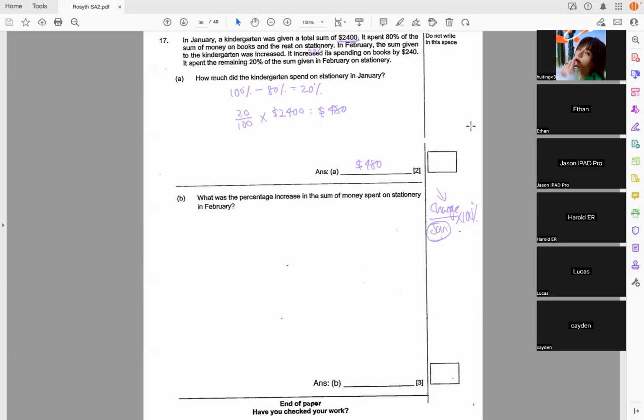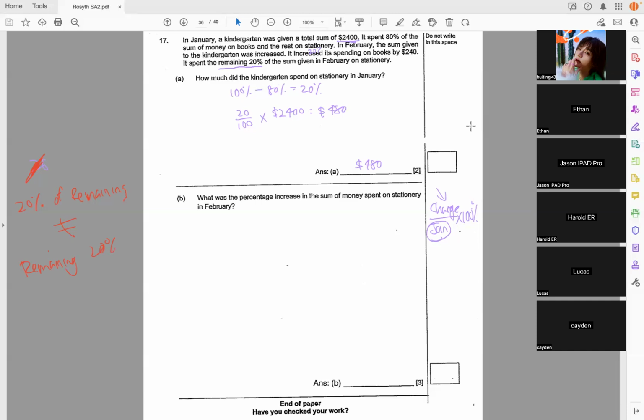A lot of people fall into this. Remaining 20%. Let me write this: 20% of remaining is not the same as remaining 20%.